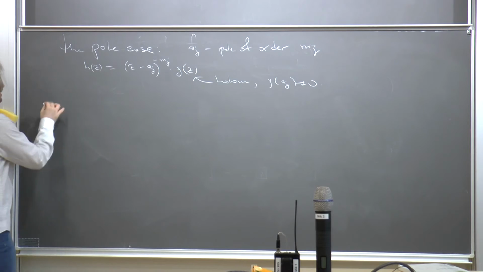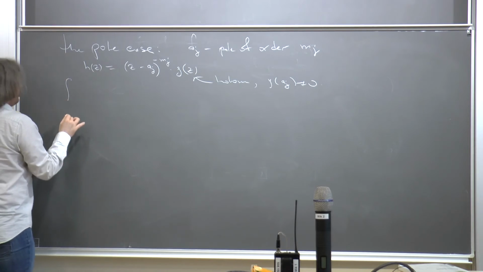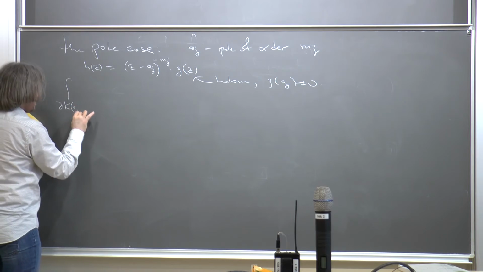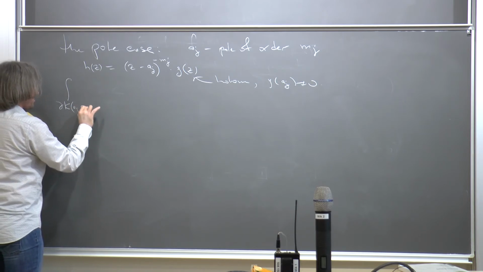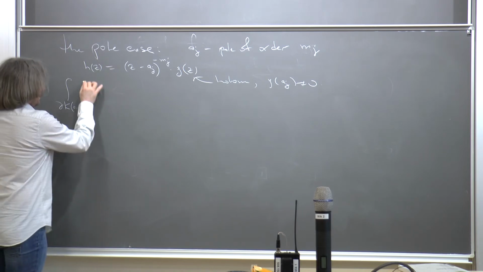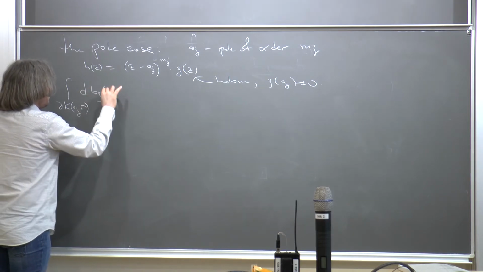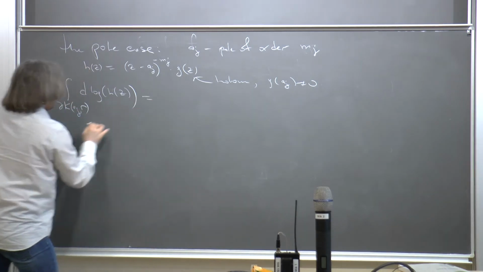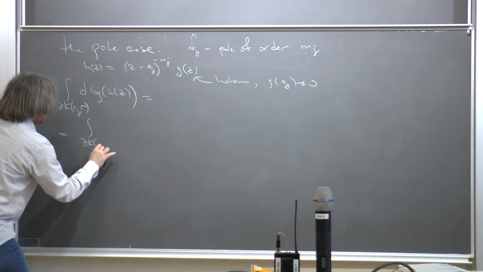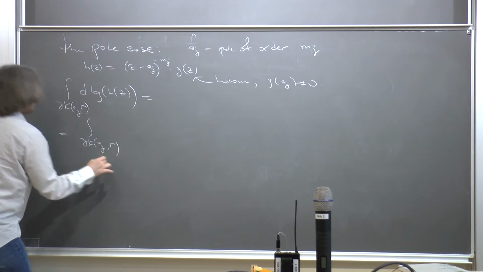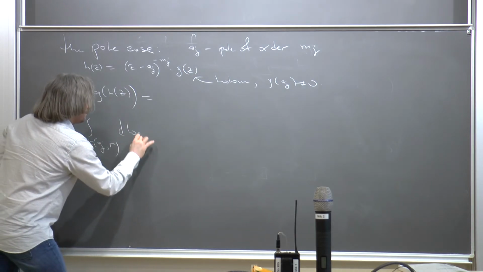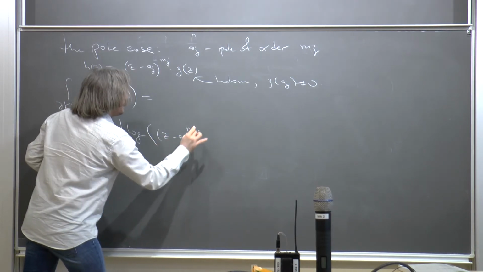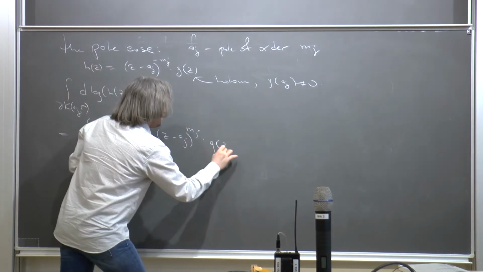Well, we repeat the calculation. We are doing the integral over this small circle around a_j, of some small radius r, of d log of h of z.